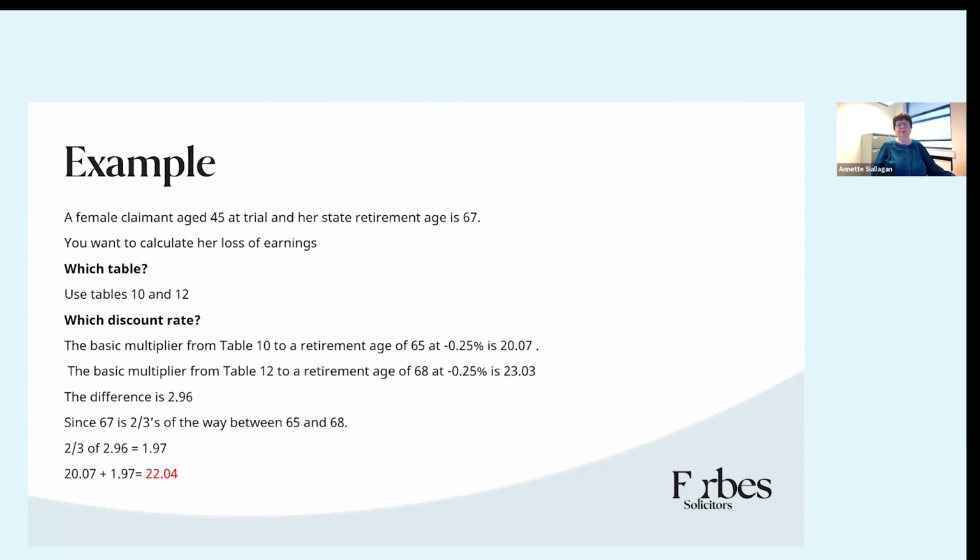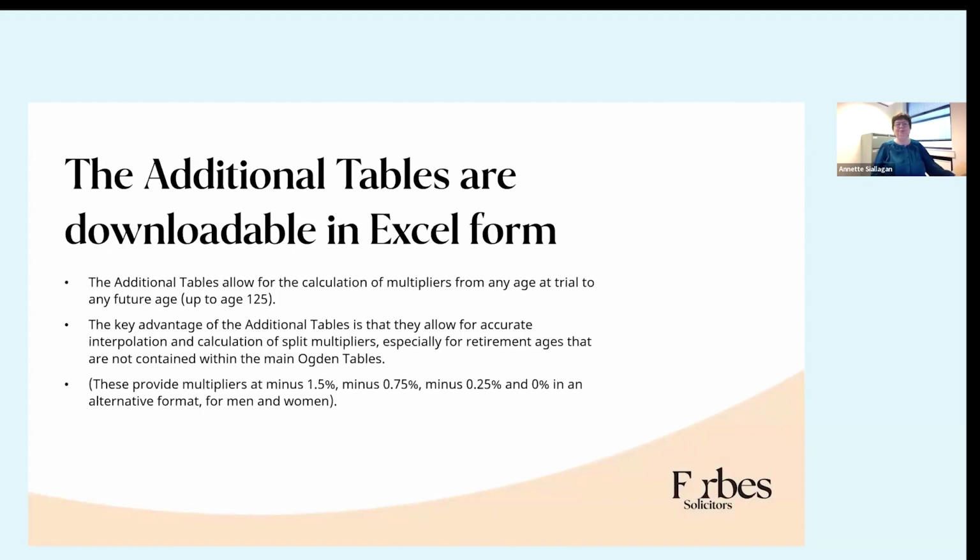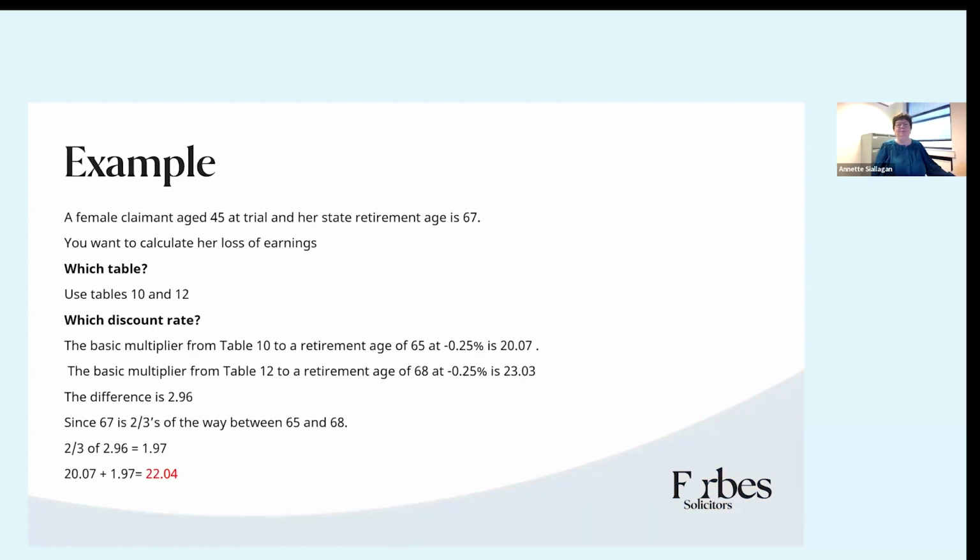But I can come on to the additional tables, because the additional tables do allow you to choose any future age up to age 125, and they are more accurate. So you can use the additional tables rather than manually interpolating.